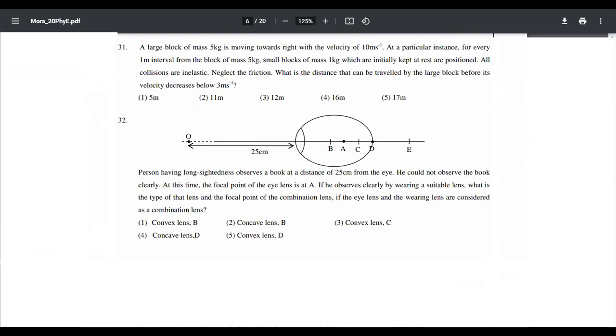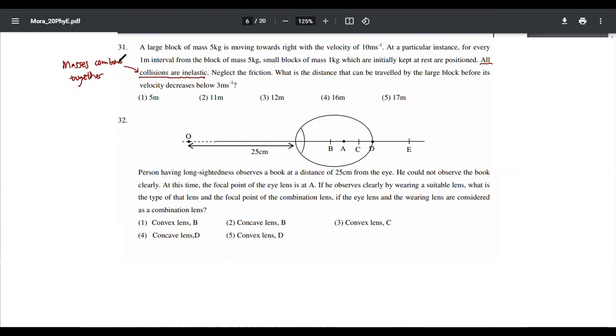All collisions are inelastic. What is the meaning of that? All collisions are inelastic. That means we can assume that the masses combine together.